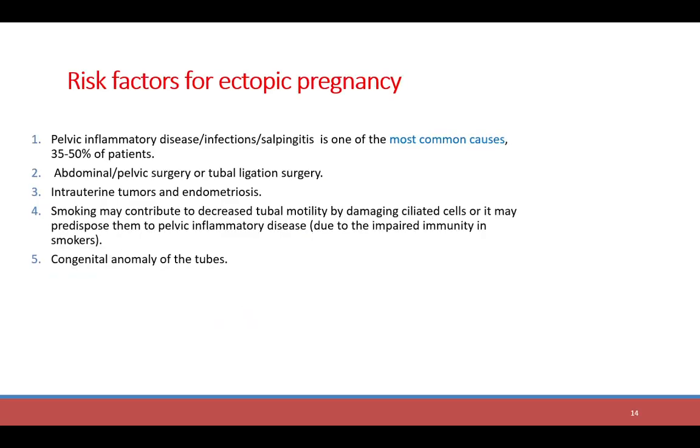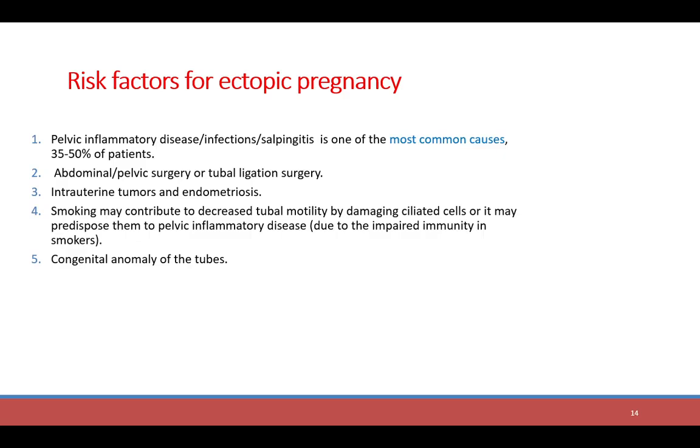Risk factors for ectopic pregnancy: PID, pelvic inflammatory disease, is the most important one. Any surgery in the abdomen, surgery in the uterus, in the tube, and any tumors in the uterus, benign or malignant, mainly the benign leiomyomas.